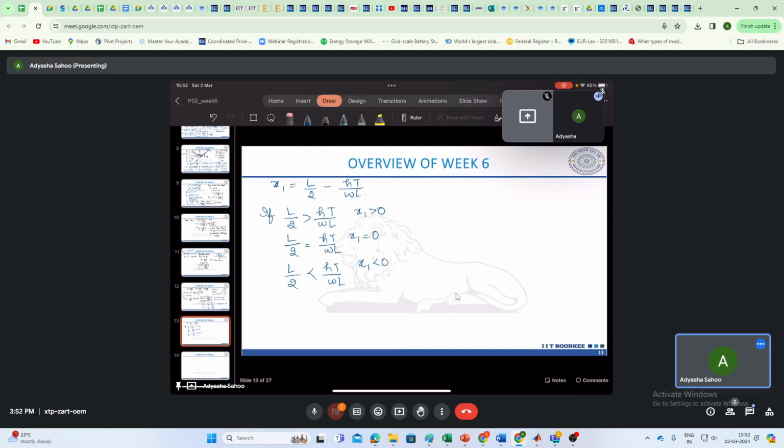So this was your span, right? L. Now your X1 is outside the span, meaning it will be here.